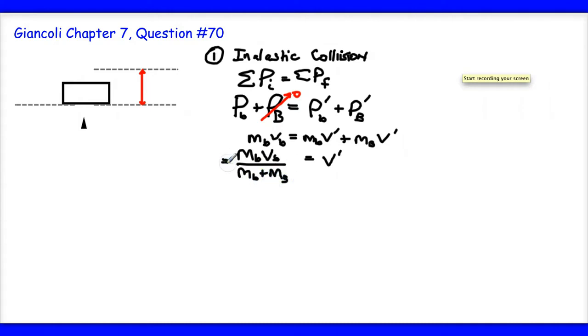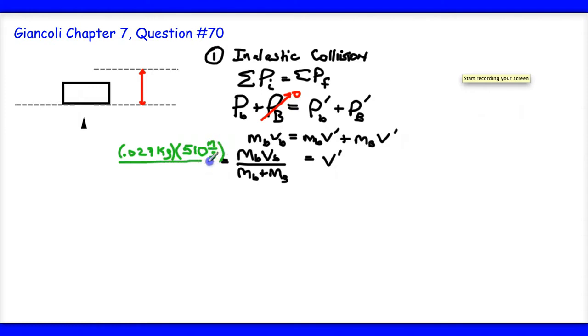Plugging some numbers into this now, I'm ready to substitute. The mass of the bullet is 29 grams, or 0.029 kilograms. And I'm going to multiply that by the velocity of the bullet, which is given in the problem as 510 meters per second.